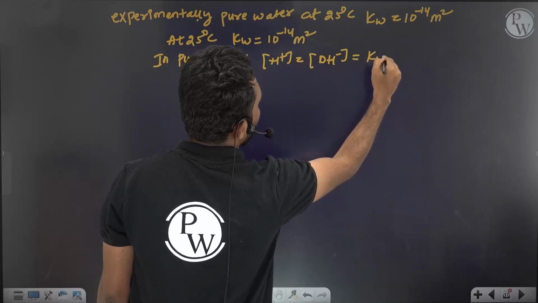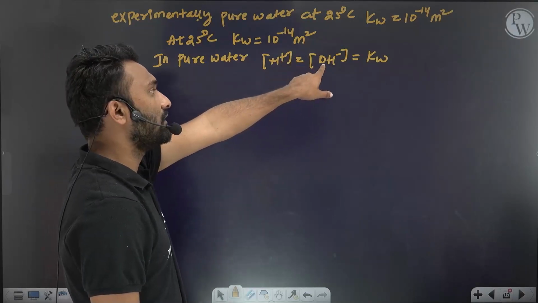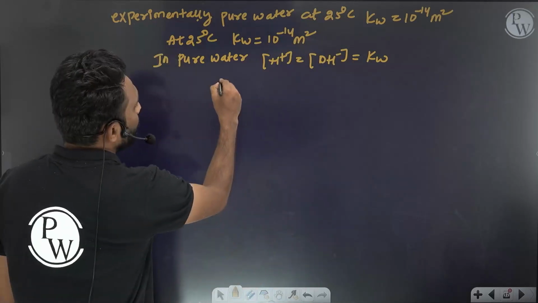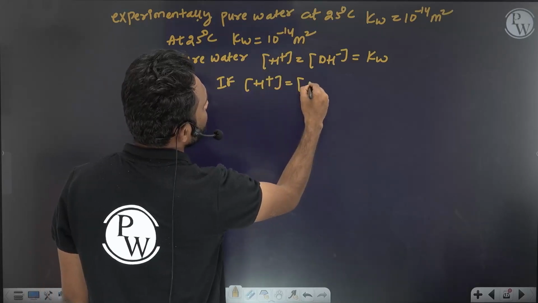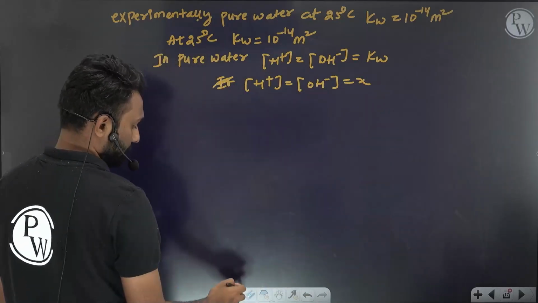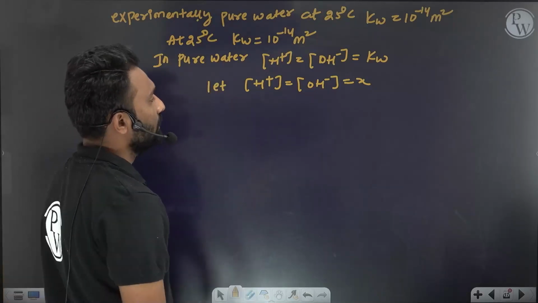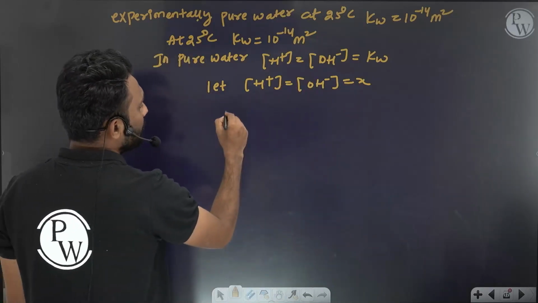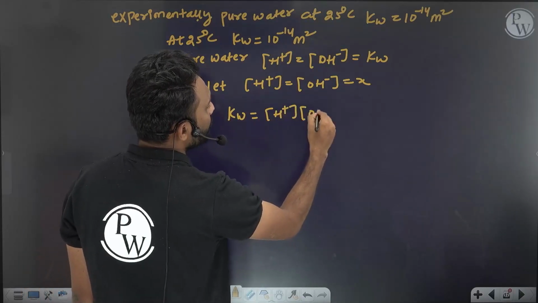Whatever the H plus ion concentration is, the OH minus concentration is the same. Let us assume the concentration of H plus and the concentration of OH minus is X. Now Kw is equal to the concentration of H plus and the concentration of OH minus.